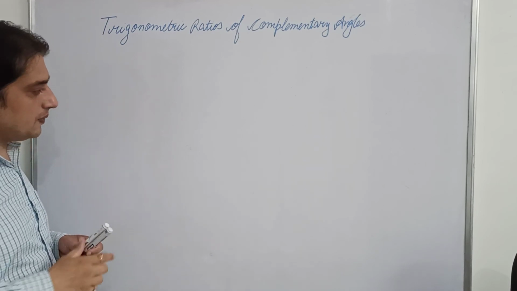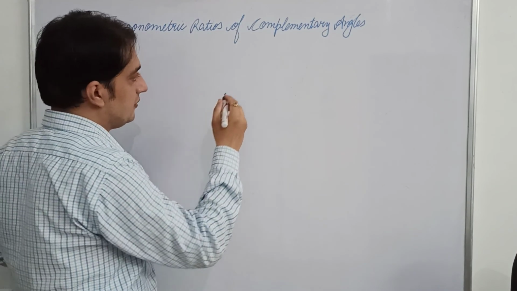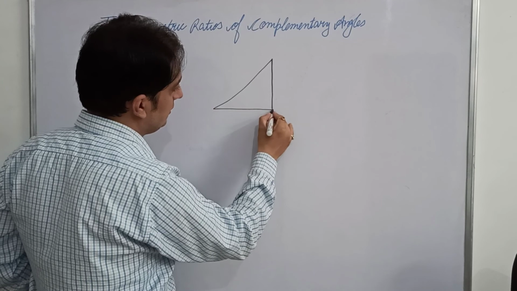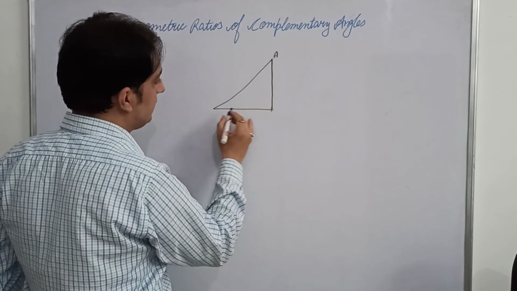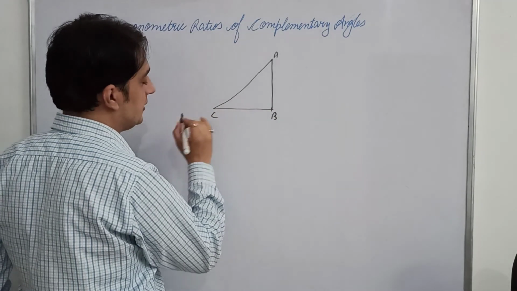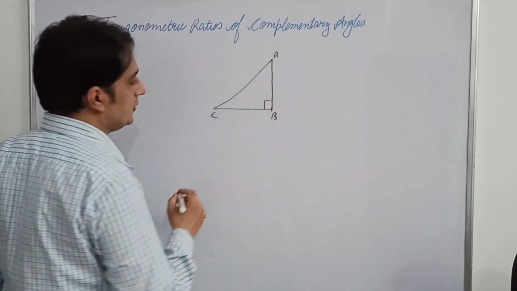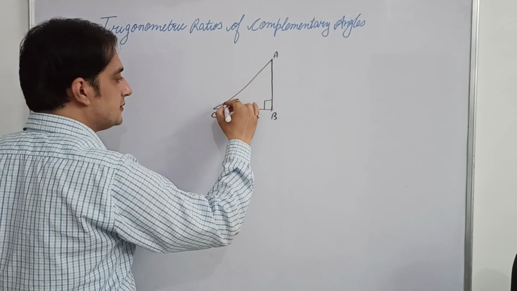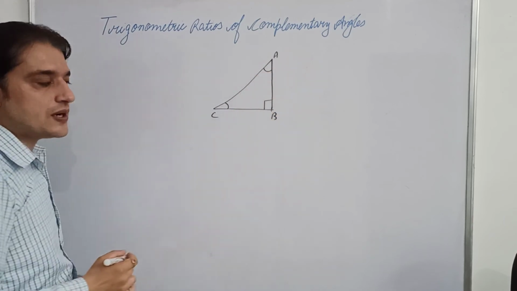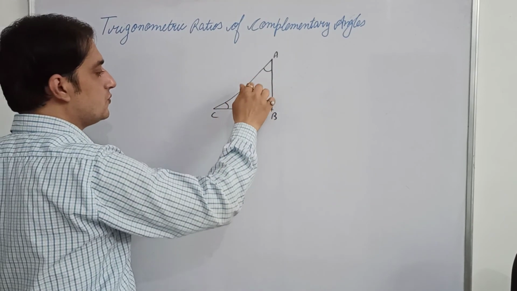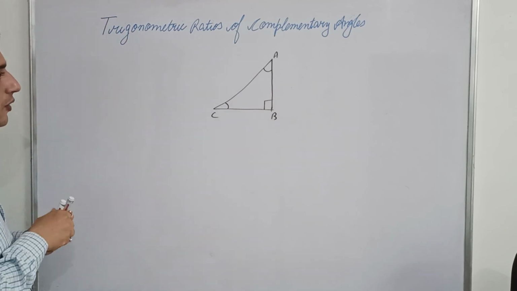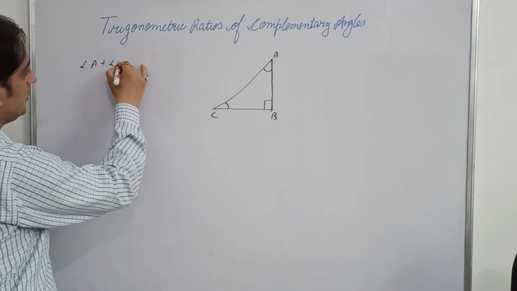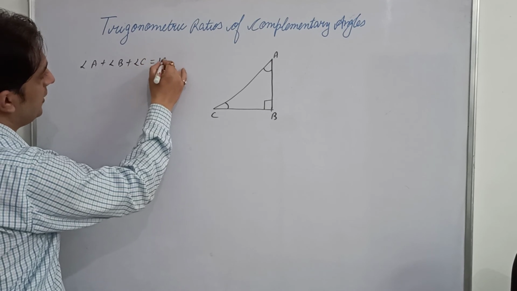If we talk about complementary angles in right angle triangles, let us consider a right angle triangle, right angle at B. So this angle is 90 degree. The sum of these two acute angles is also 90 degree. You can find the sum of these two angles by the angle sum property: angle A plus angle B plus angle C is 180 degree.